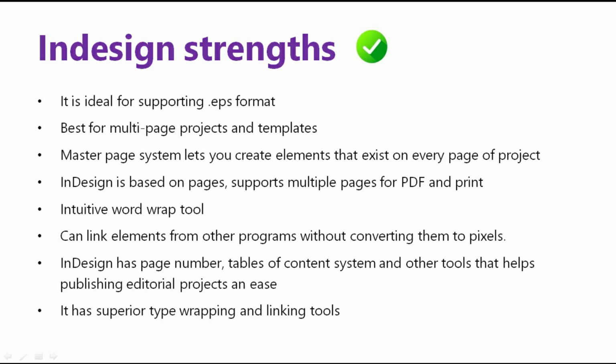Intuitive word wrap tool. Can link elements from other programs without converting them into pixels. InDesign has a page number, table of contents system, and other tools that help publishing editorial projects with ease. It has superior type wrapping and linking tools.